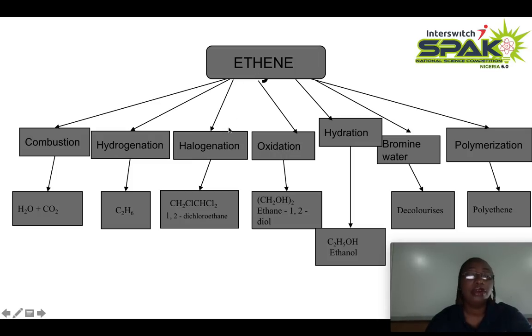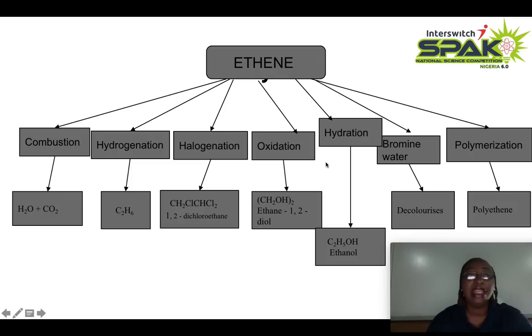Ethene undergoes halogenation, that's adding halogens to ethene, either chlorine or bromine, but in this case we use chlorine as an example to give us 1,2-dichloroethane. Like I said earlier, when ethene undergoes reaction, it loses one of its bonds. They undergo oxidation to give ethane-1,2-diol.